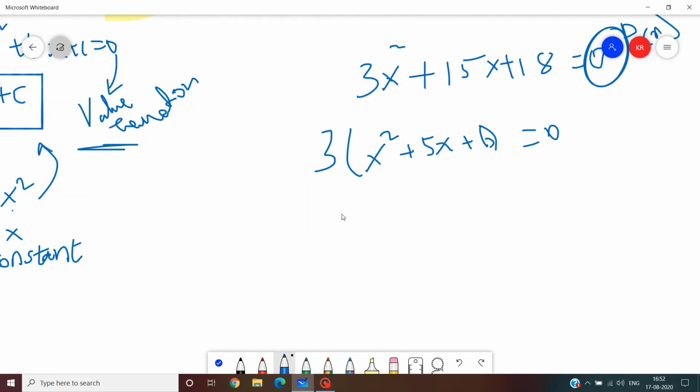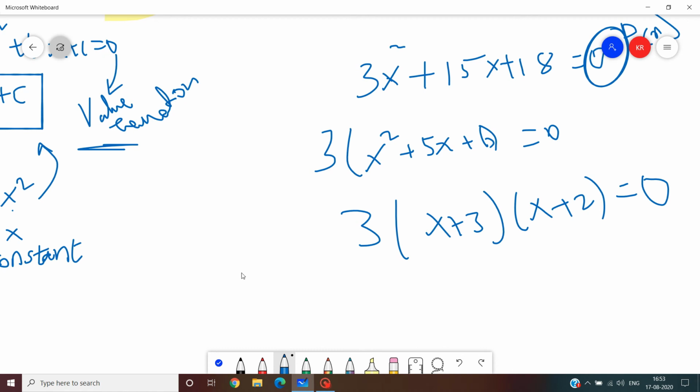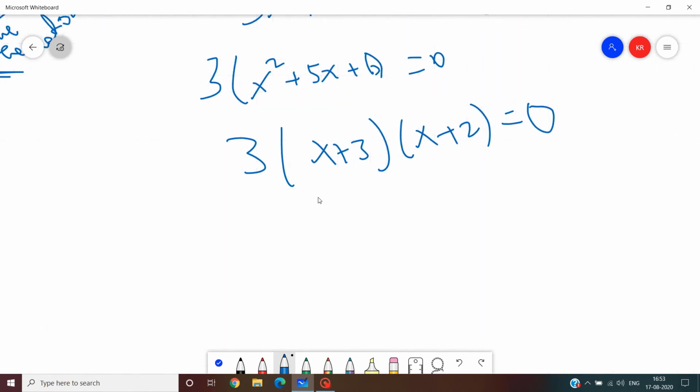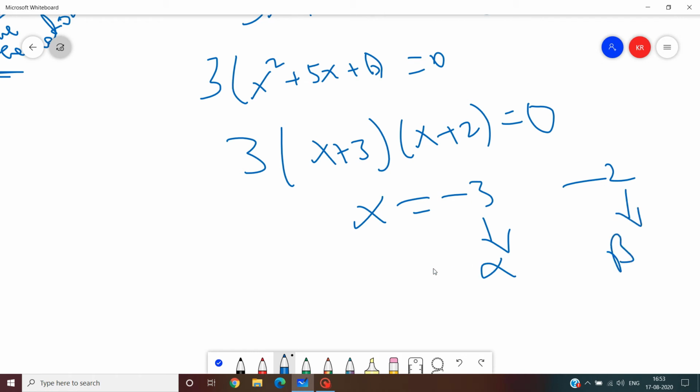We can factorize easily: 3 times (x plus 3) times (x plus 2), as we did in our last example. So x will be minus 3 and minus 2. These are called the roots or zeros of the quadratic equation. I am assuming one root is alpha and the other root is beta.